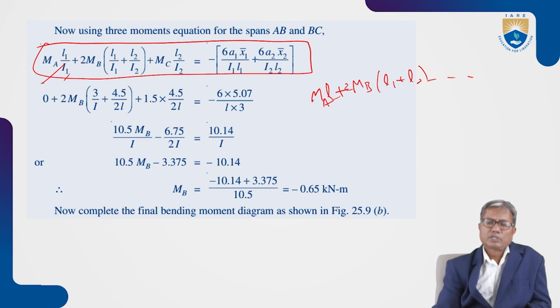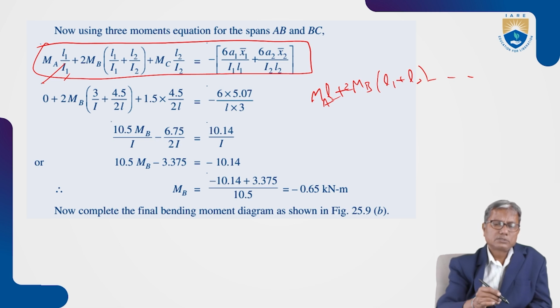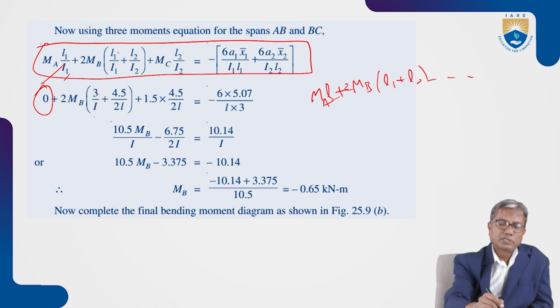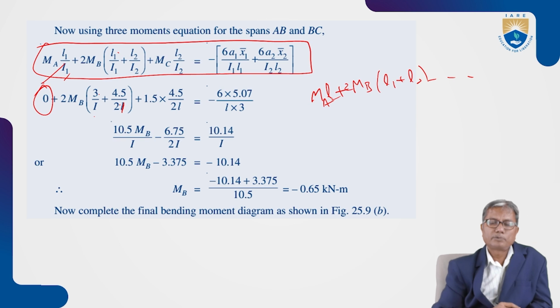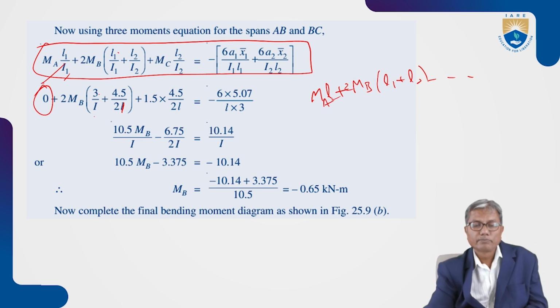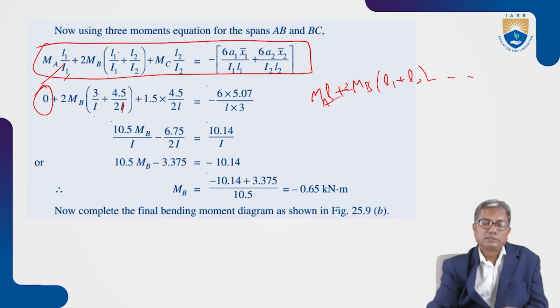If I1 and I2 are equal, then it changes. Now we substitute the values. MA is 0, so the first term becomes 0. 2MB into L1 by I1, that means 3 by I. And here it is 2I, 4.5 by 2I, because I2 is 2I. Plus MC into L2 by 2I.